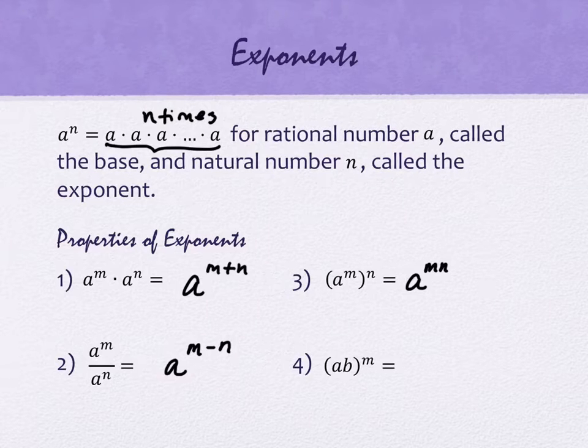And then on number 4, when I have a product, ab, raised to a power m, this is the same as having a to the power m times b to the power m. And you might feel like, in some sense, that it sort of distributed the exponent over the multiplication.